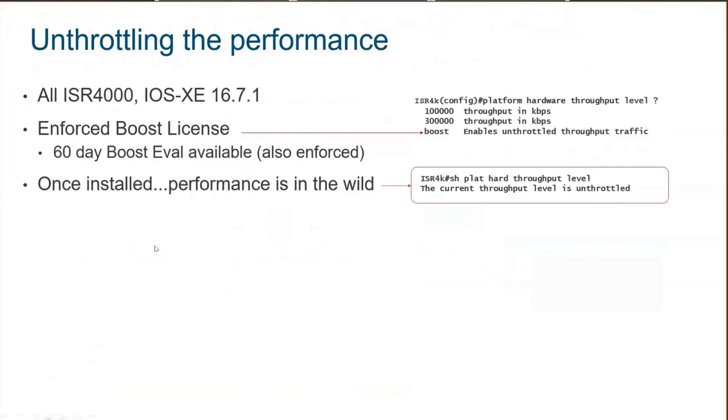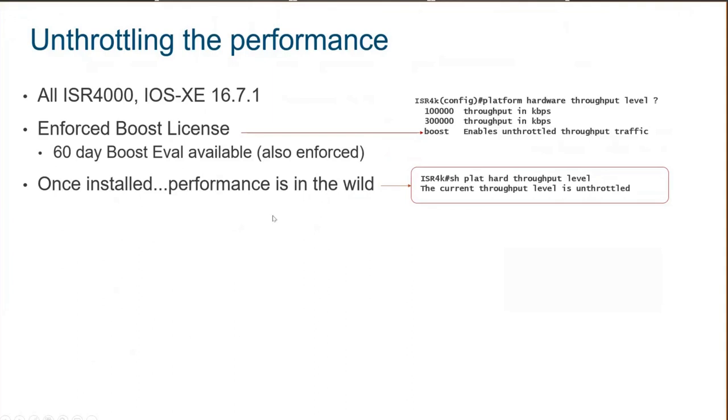For unthrottling the performance, there is something known as the boost license, which is supported from IOS release 16.7.1 onwards. Similar to configuring the throughput level, we have an option here, boost. It will be unthrottled as much as the system can handle. So once installed, the performance will be very high.